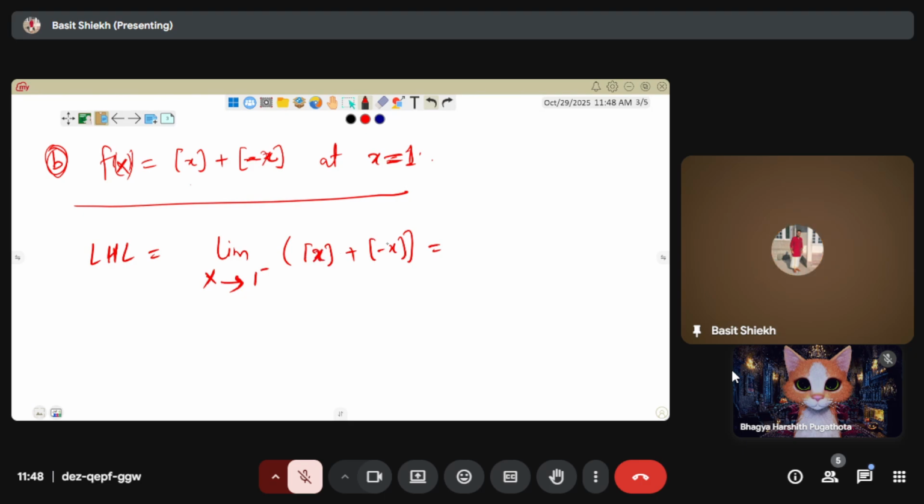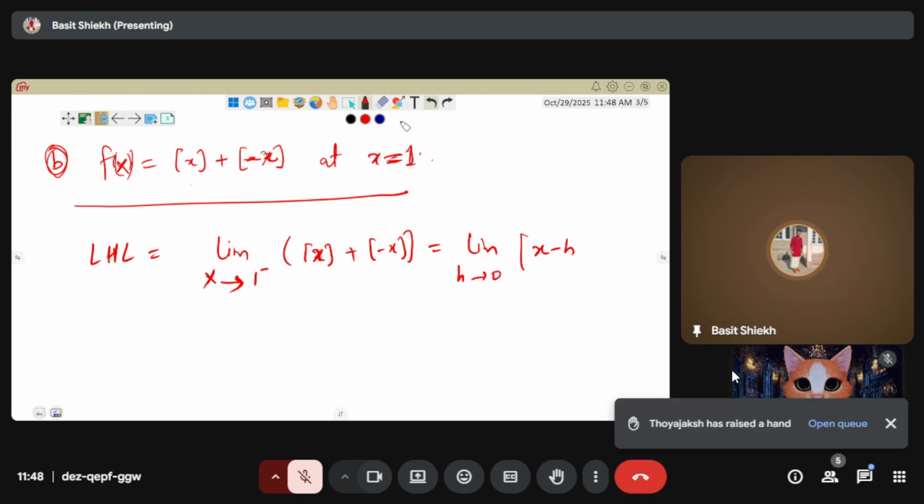So this is h going to 0, x is 0 minus h. We are taking limit at 1, so 1 minus h.